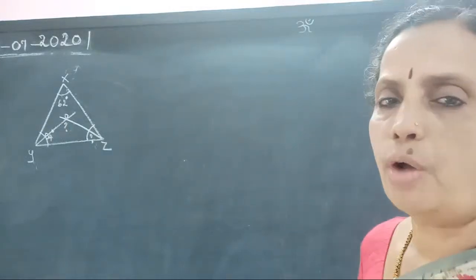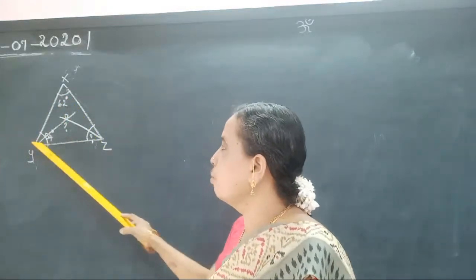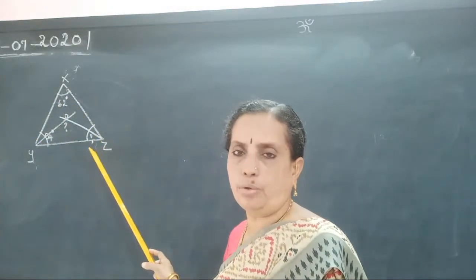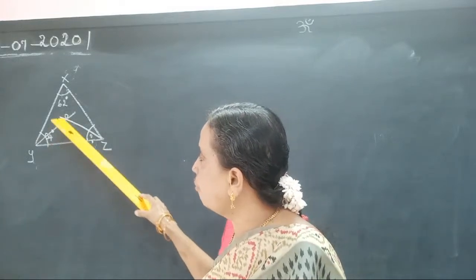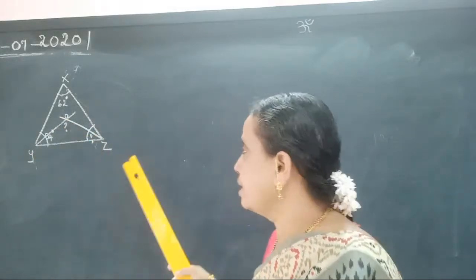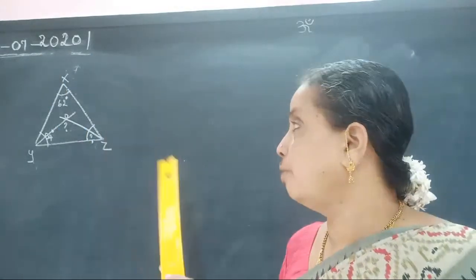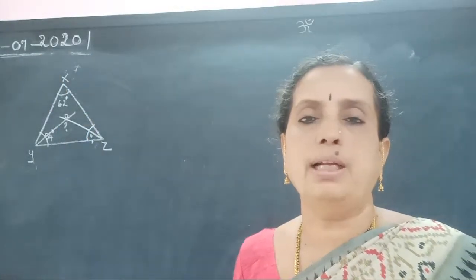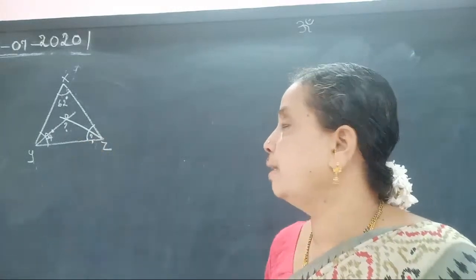Okay. So now here X is known, Y is known, Z you have to find out, because we have to calculate the measure of OZY. To that, half of the Z value will be OZY, because ZO is the bisector of angle Z. So what is the measure of angle Z here?